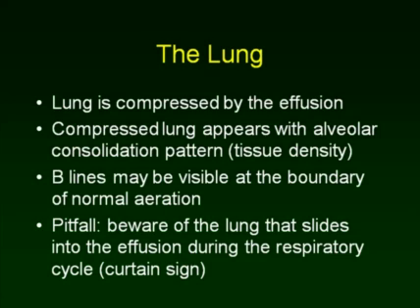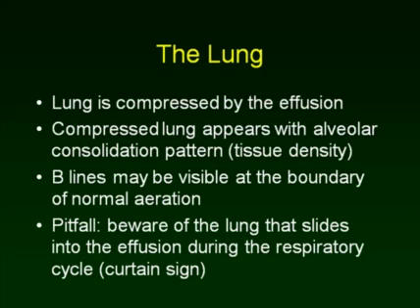The clinician, ultrasonographer, will note that lung is compressed by the effusion. A large pleural effusion may result in very impressive compressive atelectasis. The lobe involved, often the lower lobe if they're supine, will be airless, miniaturized.